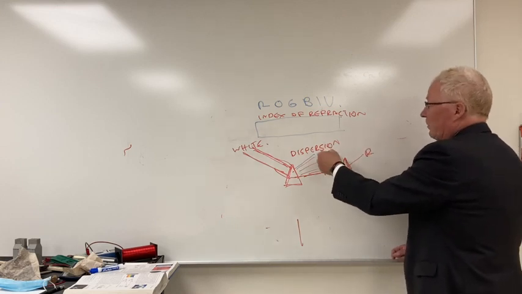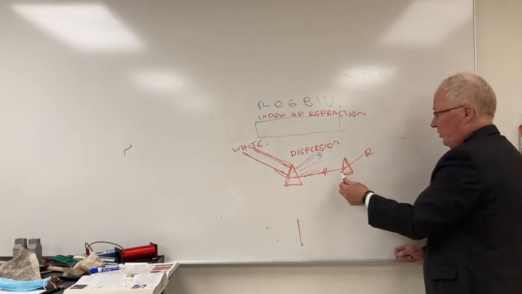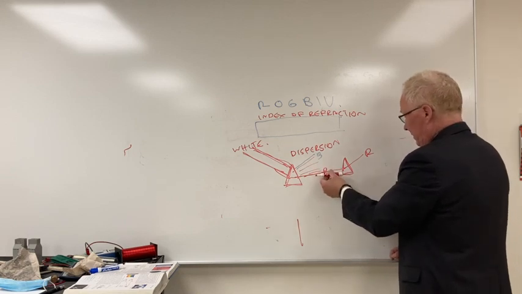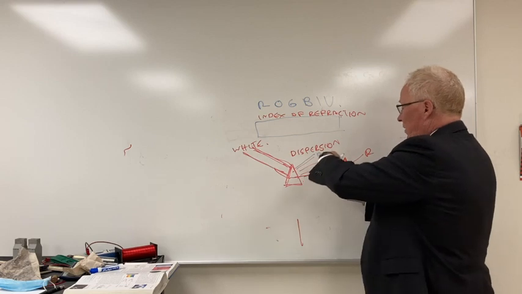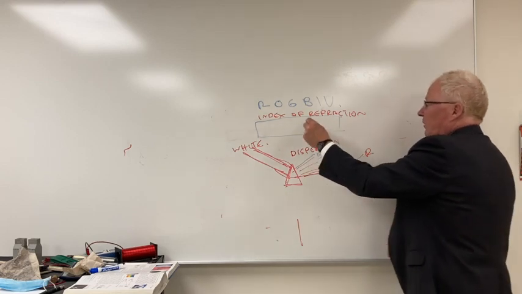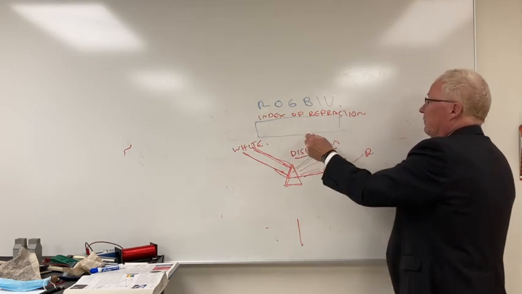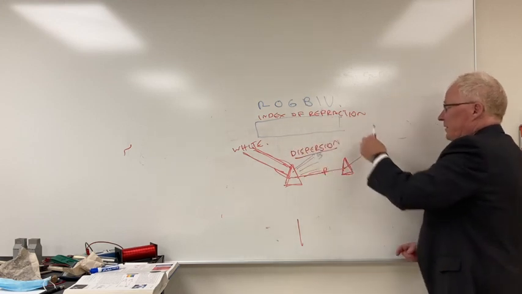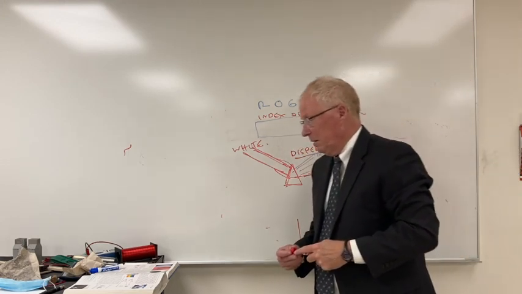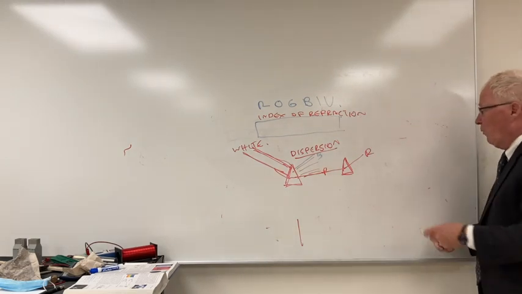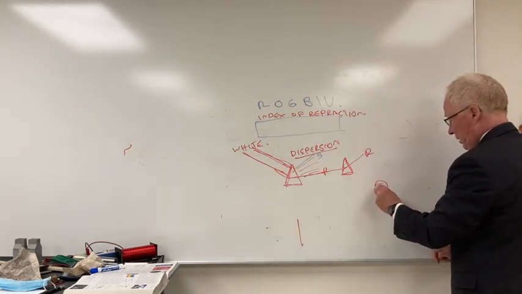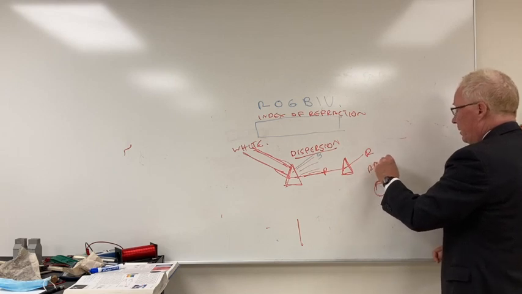So he showed that white light is made up of all the colors of the rainbow, and it's split up by the principle of dispersion because each wavelength has a different index of refraction. It's not much, but it's enough. It's the principle of why rainbows produce color.